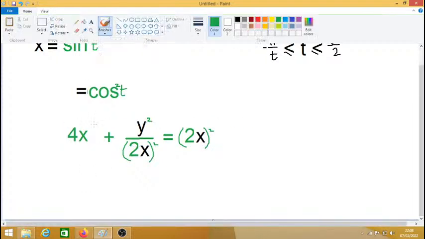Sorry, 4x to the power 4. Let me just check that. Yep, 2x all squared becomes 4x squared, and then I'm timesing by another x squared. So that's 4x to the power 4. The 2x squared at the bottom can disappear.